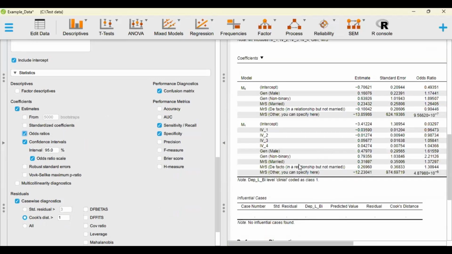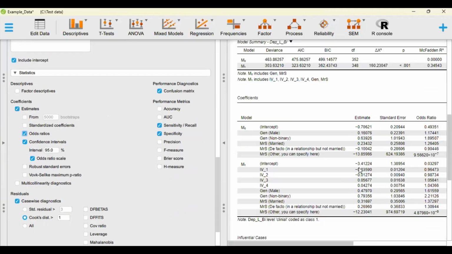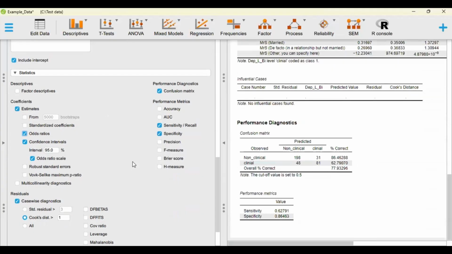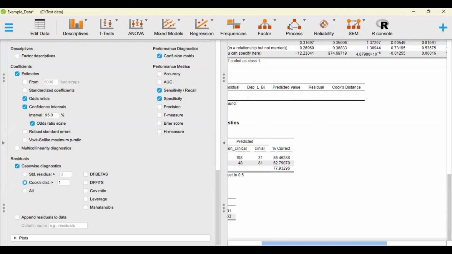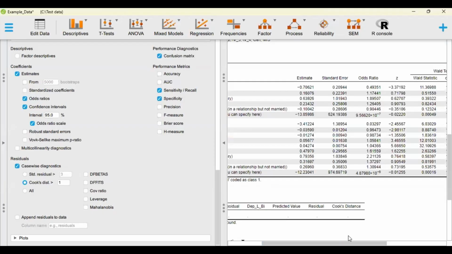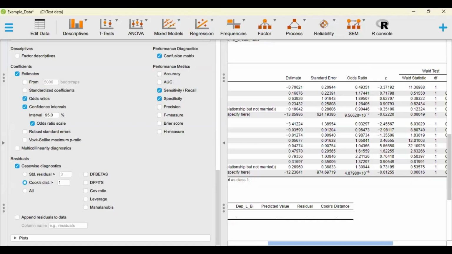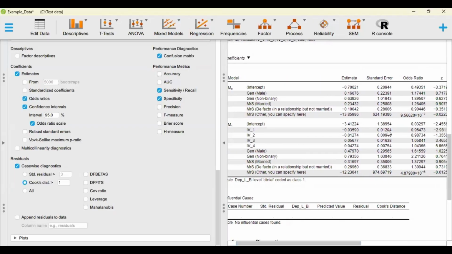For example, now the odd ratios that I have here for my independent variables, I can call them adjusted odd ratios because now they are adjusted after controlling the confounding effects of gender and marital status.